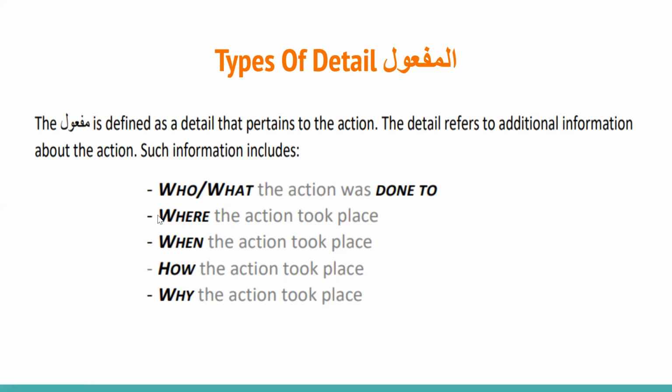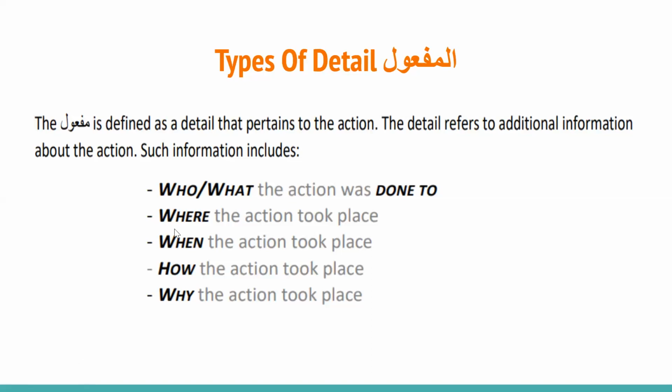But there are different types of maf'ul. There are different types of detail. An ism can be there to tell you whom the action was done to, or what the thing was that the action was done to. This type of maf'ul has a particular name.